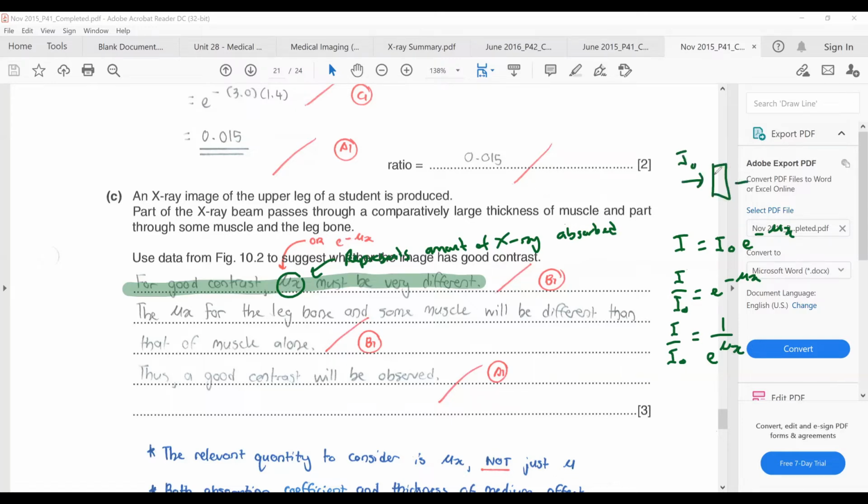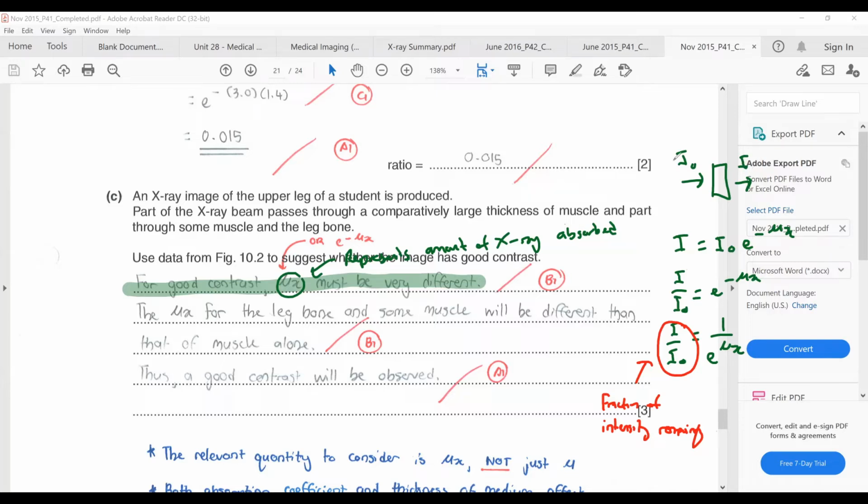Now, what does the fraction I over I naught represent? Fraction I over I naught represents fraction of intensity remaining, isn't it? This one is your original intensity, this is your final intensity.